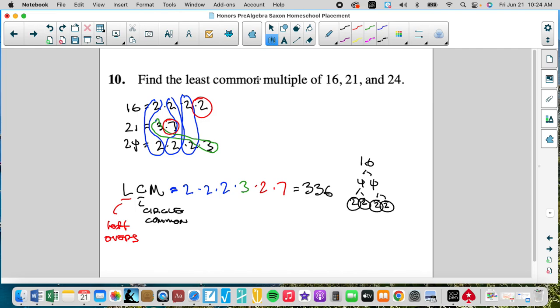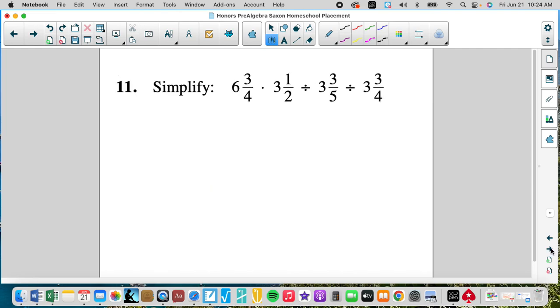So the multiples of 16 are 16, 32, 48, etc. 21 is 21, 42, 63, etc. 24 would be 24, 48, etc. Those are multiples. Which one did all 3 have in common would be 336. So nice, efficient way. I am 100% certain that that is the LCM.